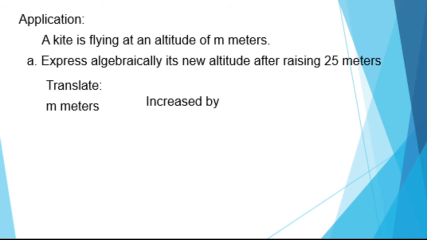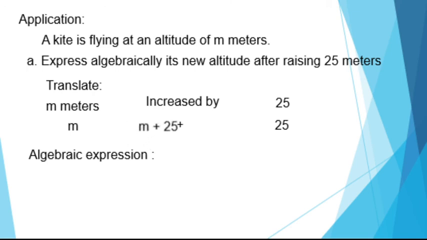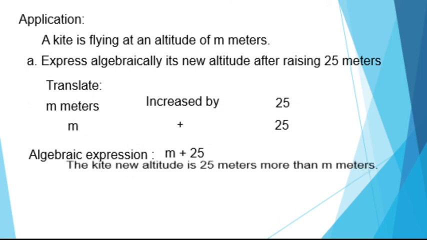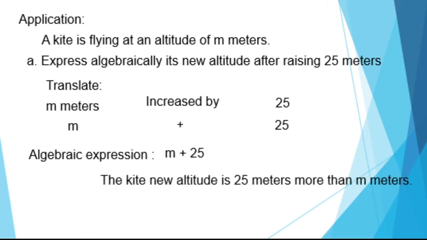And of course, the number is 25. Okay, and then m is the variable, increase meaning plus, and you are adding the 25. And to write that into an algebraic expression, that is equal to m plus 25. And the kite's new altitude now is 25 meters more than m meters.